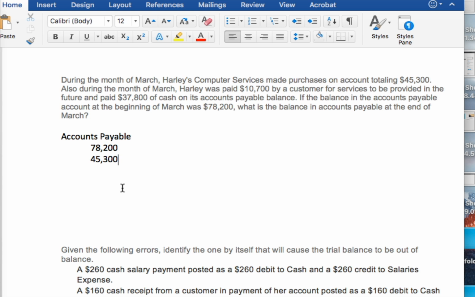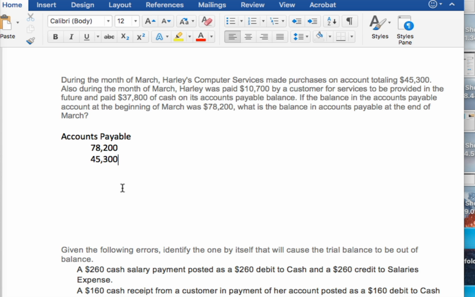Let's see. Harley was paid $10,700 by a customer for services to be provided in the future. That one there is irrelevant to accounts payable, because that's talking about unearned revenue. We haven't provided the revenue yet. They gave us money. That would go into a liability account, but the deal is not that they give us money and we give them their money back.